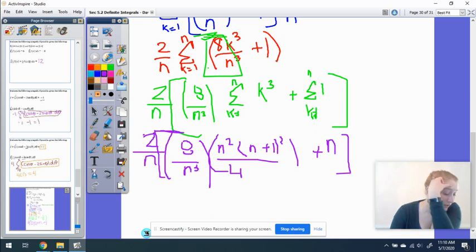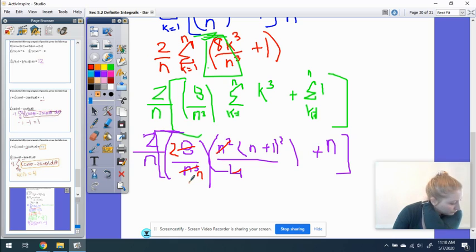So now we're going to clean this up a little bit. I know that 8 divided by 4 is 2. I have an n cubed and I have an n squared, so I could get rid of that, and this would just be an n.